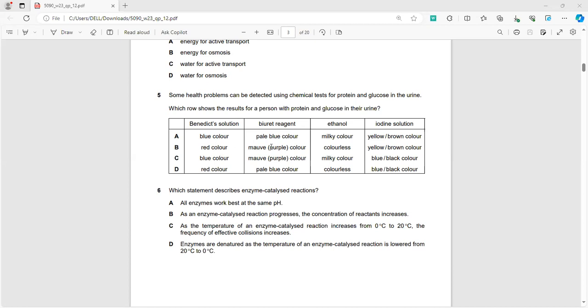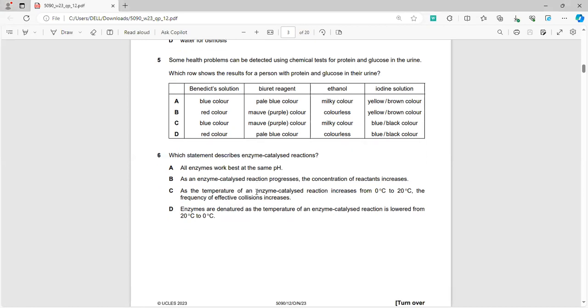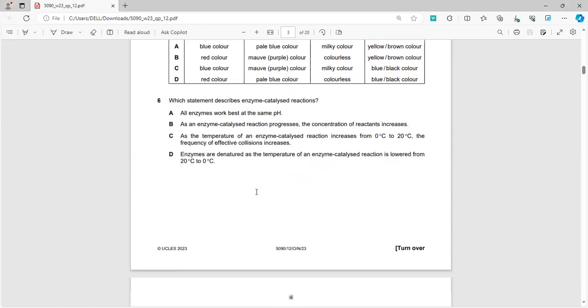It will show purple color and red color, while the others will not be the same. Now, in question number 6, the enzyme catalyzed reactions, we all know that up till their optimum temperature of 40 degrees, which is normal in humans, the rate of activity increases after every 10 degrees because the frequency of collisions increases after every 10 degrees.